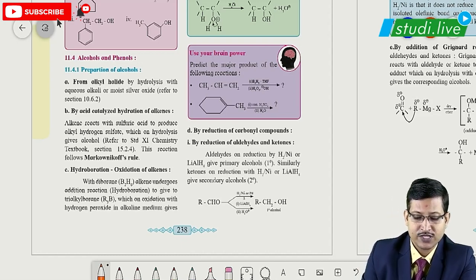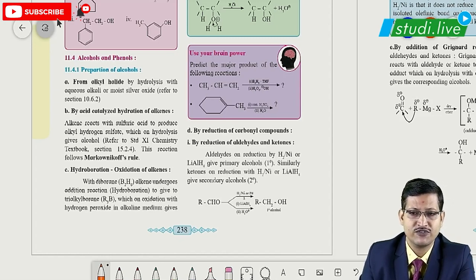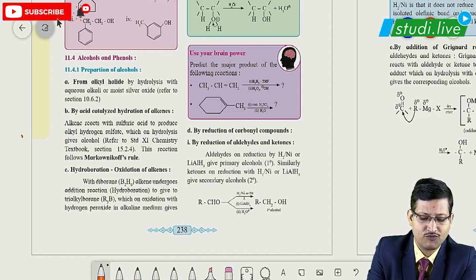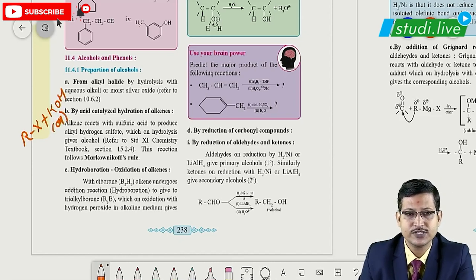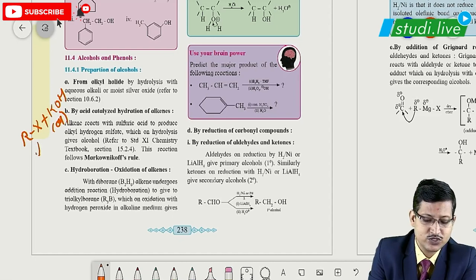So let's start. The first one is from alkyl halides. By hydrolysis of alkyl halides, this is already done in the topic of haloalkanes, but let me give you the reaction exactly. It is RX plus KOH aqueous, and that gives you the formation of ROH and KX.